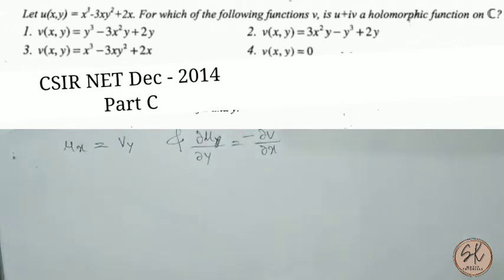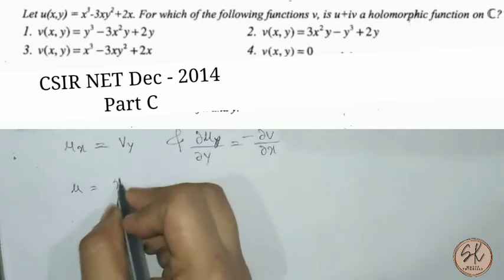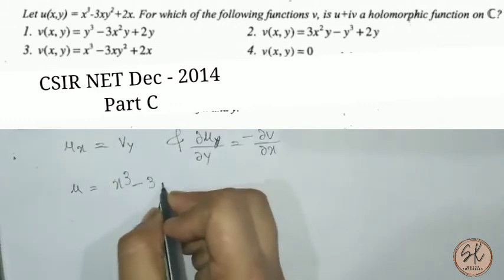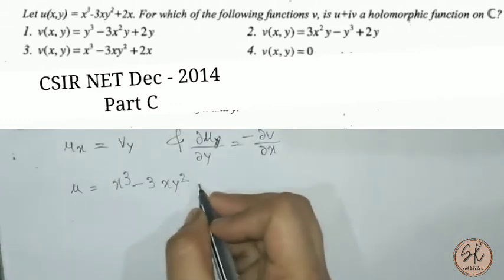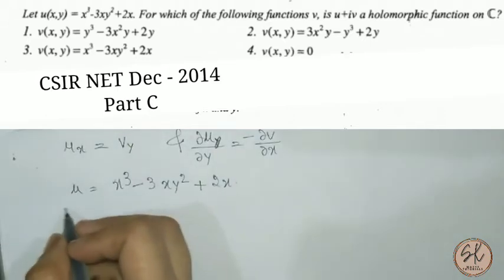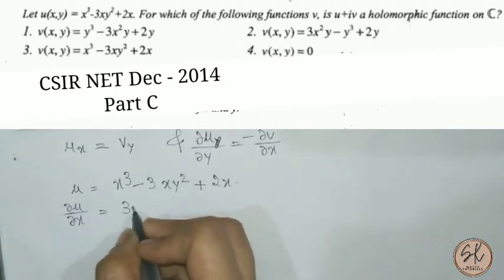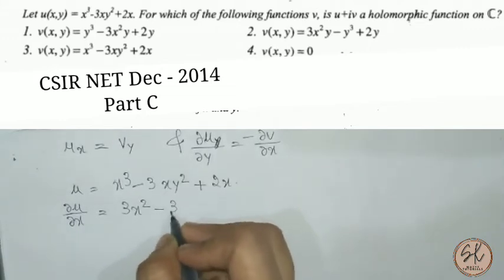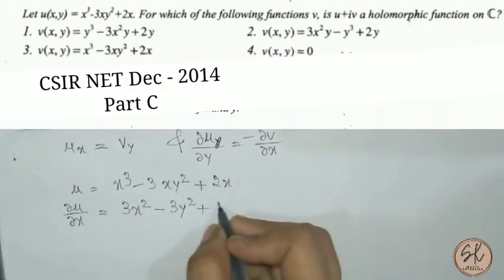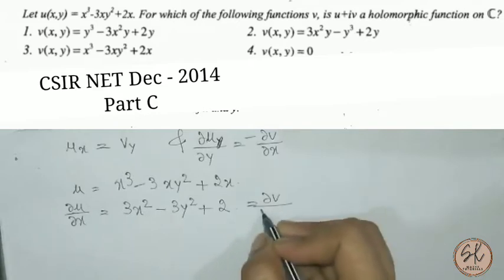So we are given u equal to x cube minus 3xy square plus 2x. Now del u by del x is equal to 3x square minus 3y square plus 2. Now this is equal to del v by del y.